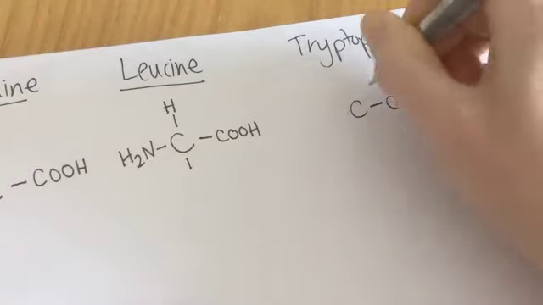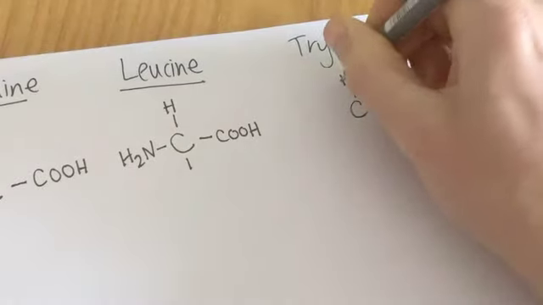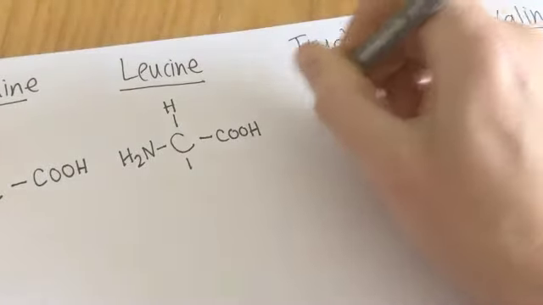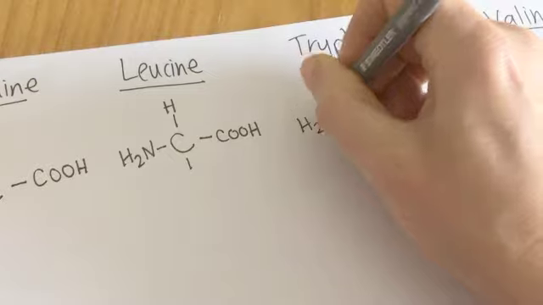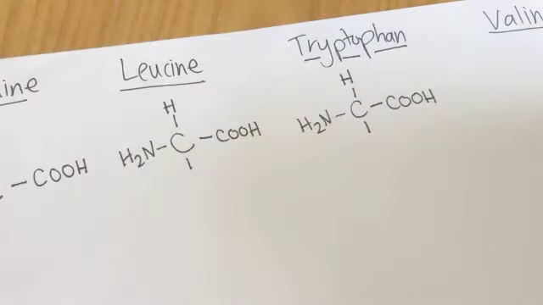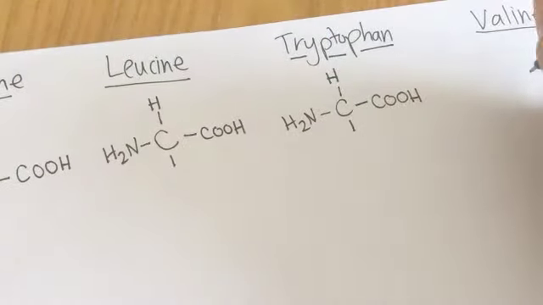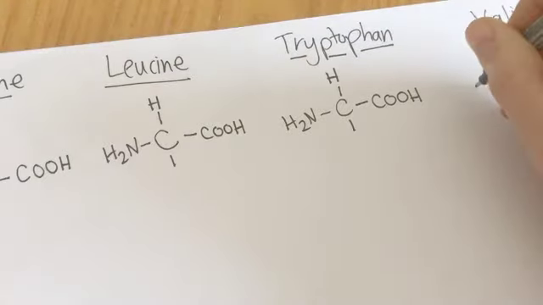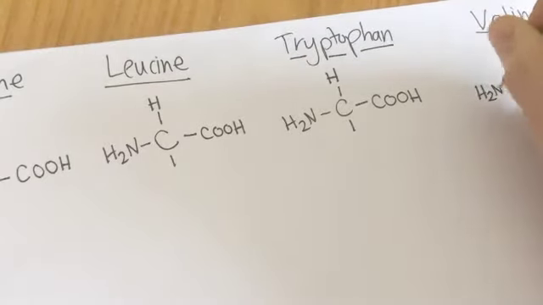You can do it in any order that you would like. Oh, I didn't underline our tryptophan there. Then I've got an H2N with a bond coming off that central carbon. Valine has the same backbone, same central carbon. I'm going to have the H2N.